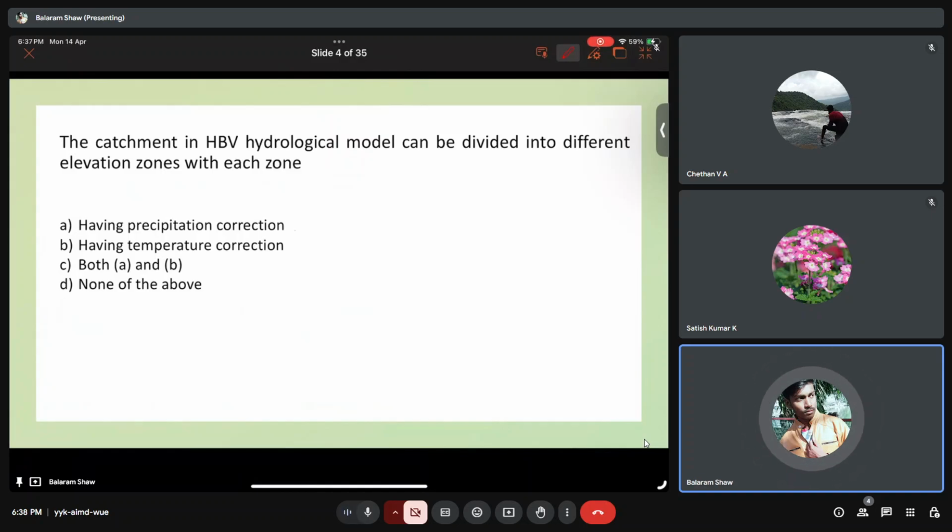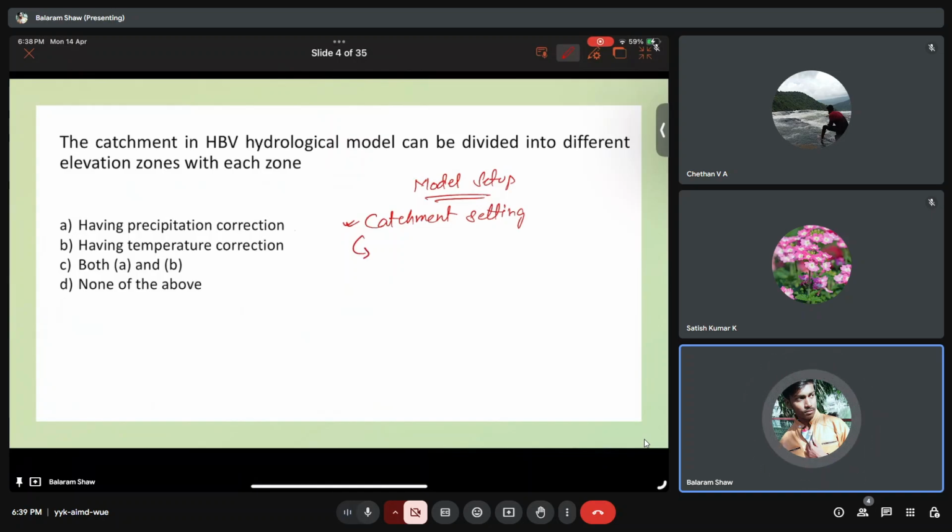Okay, so the next question is: the catchment in the HBV hydrological model can be divided into different elevation zones, with each zone having which kind of corrections? While doing the model setup, one of the steps that we do is the catchment setting. Catchment setting offers the option to input various parameters such as catchment properties, area, elevation.